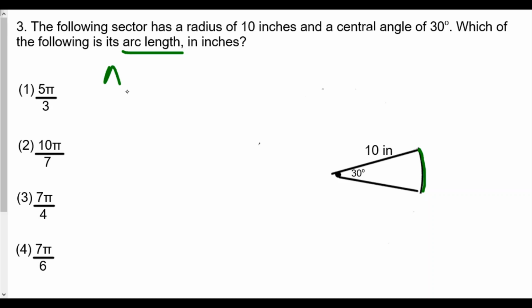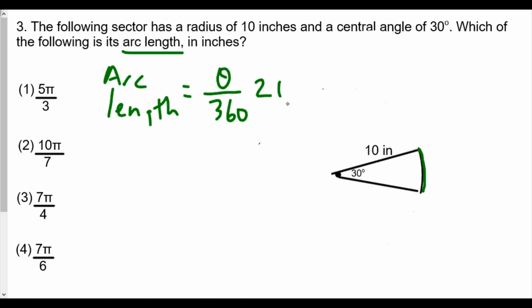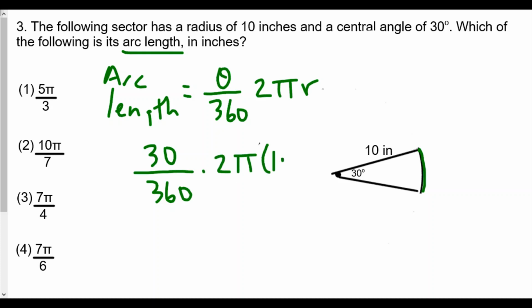And so arc length, we said before, is very similar to our formula for the area of a sector: theta over 360, which is the central angle, theta, over the 360, which is what part of the circle we have, times 2 times pi times r, which is the circumference. So really it's circumference times the fraction of the circle. So for here we have 30 over 360 times 2 times pi times a radius of 10.